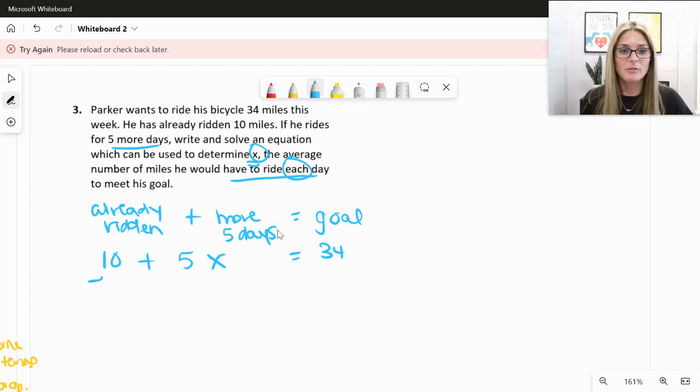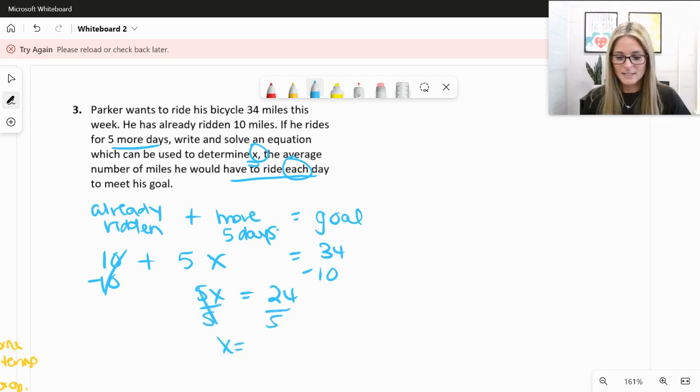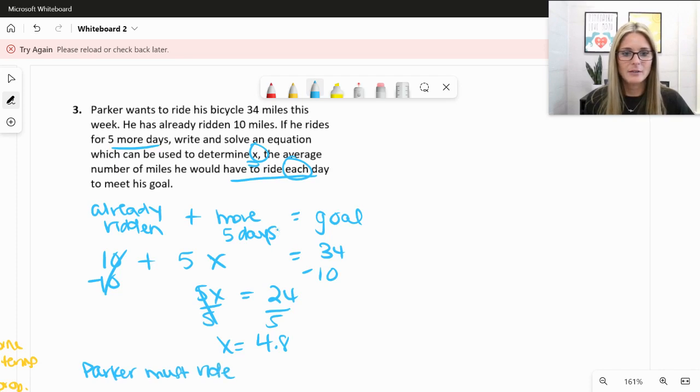So we are ready to solve. Subtract 10 from both sides. 5x equals 24. Divide by 5. X equals 4.8 miles that he needs to ride for the next 5 days to meet his goal. Parker must ride 4.8 miles per day to reach his goal.